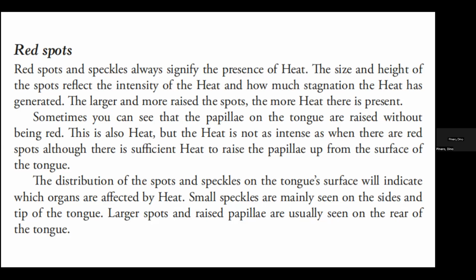Larger spots and raised papillae are usually seen on the rear. Pag larger spots naman or raised papillae, usually makikita natin sa may likuran naman ng tongue. So tandaan po natin, small speckles usually sa sides, larger spots naman nasa likuran ng tongue.